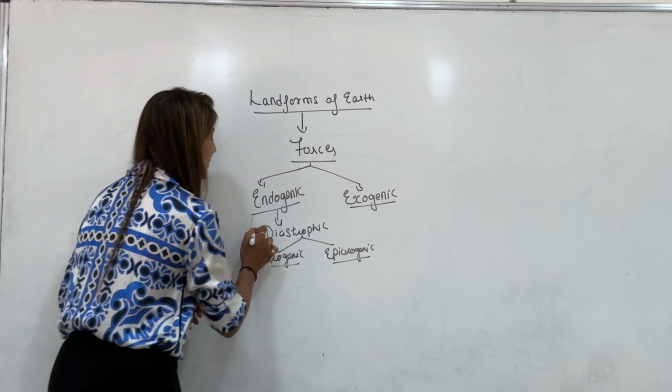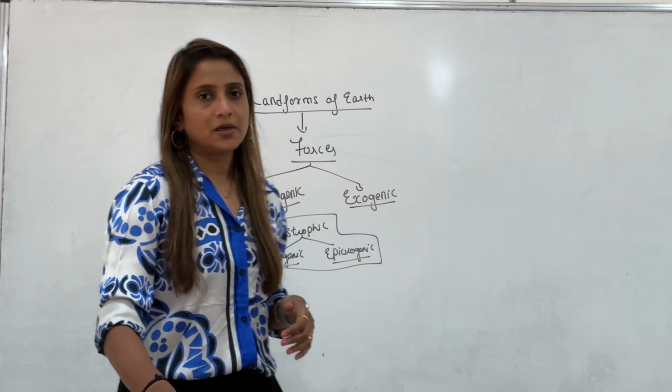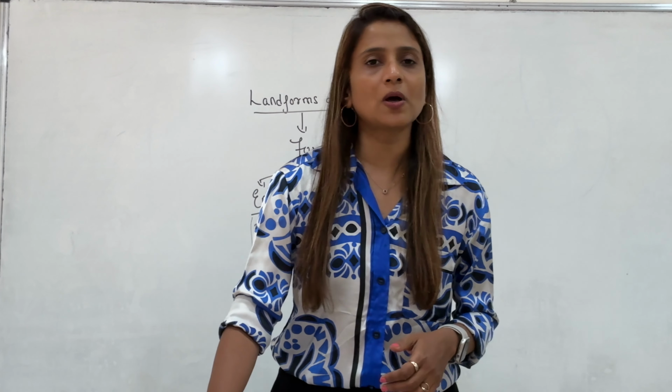So in this chapter mainly we are going to talk about diastrophic forces. They are the forces operating deep inside the earth. There are two types of diastrophic forces, orogenic and epeirogenic.